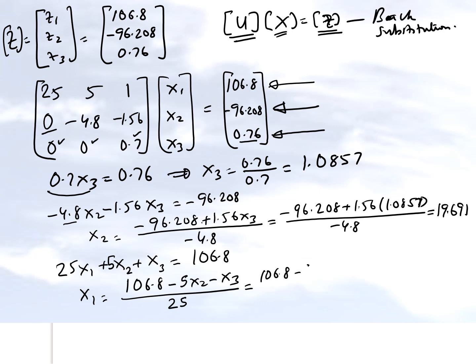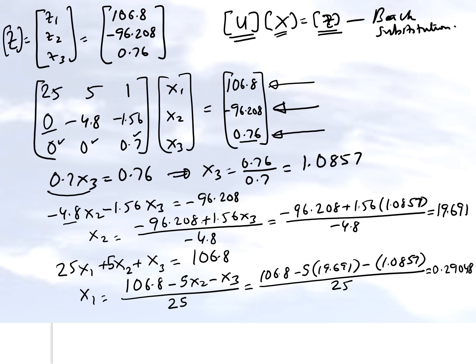Now we substitute the values of x2, which we just found out, and x3, and this number turns out to be equal to 0.29048.